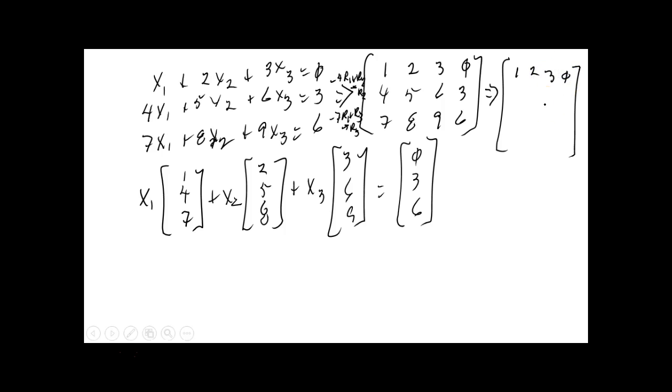That gets there. What's your new row 2? 0, -3, -6, 3. Next, 0, -6, -12.